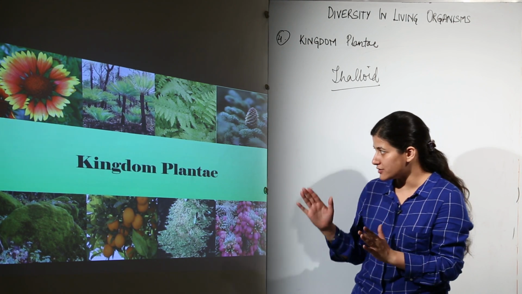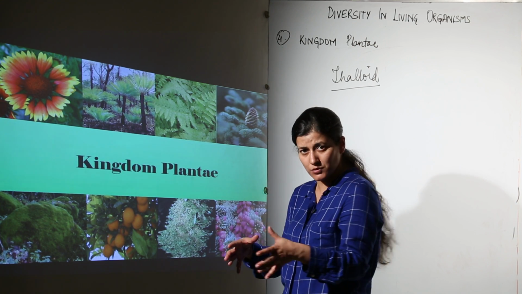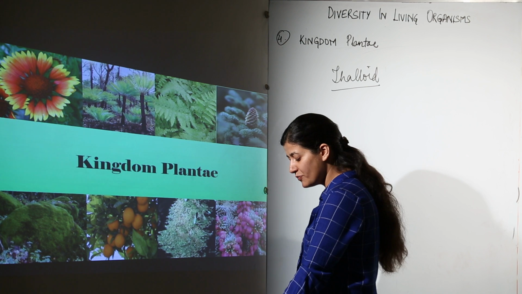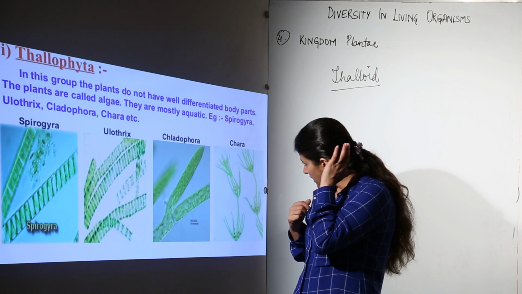Now, we are going to see one by one which classes or divisions, we use the term division in kingdom Plantae, are present in this kingdom through a slide show.